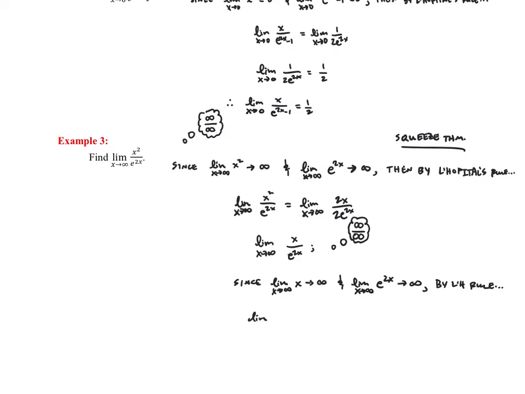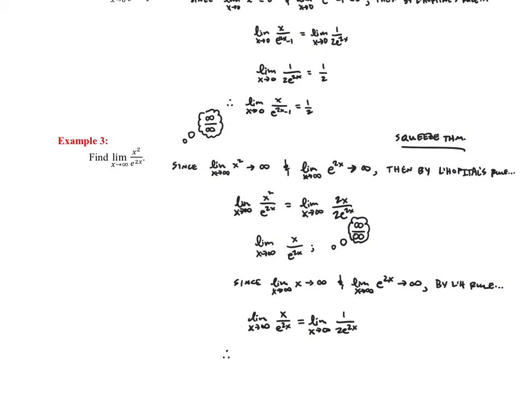Then the limit as x approaches infinity of x over e to the 2x is going to be equal to the derivatives evaluated at infinity. So that'll be 1 over 2e to the 2x. It's going to come out to be the exact same, right, as we can see in the problem before.